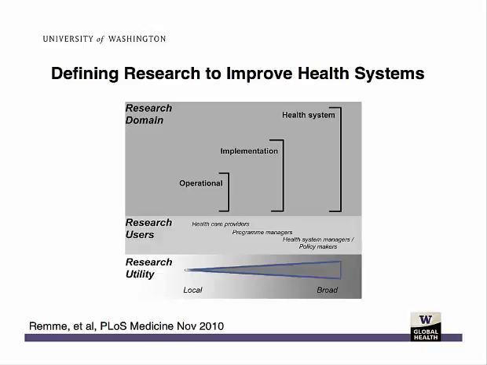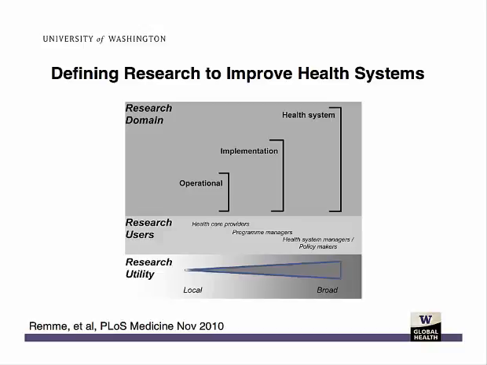Compare operational research to implementation research, which focuses more on the program manager level as well as to a small degree on policymakers and health systems managers, which provides results for broader consumption. And in this case, implementation research is referring to a set of research designs or questions that are trying to compare different strategies for broader consumption.